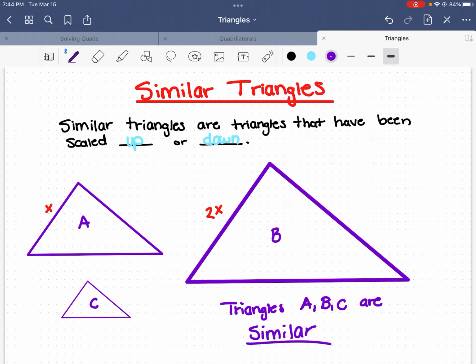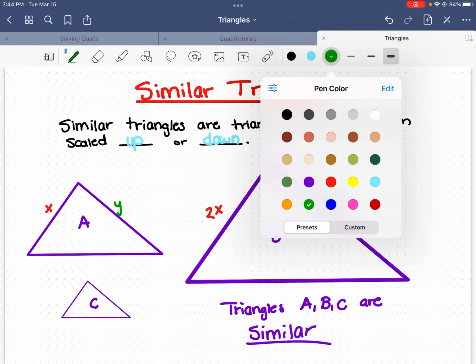Likewise, let's pretend that this side is a measure of Y. If this is similar and I scaled it up double, then this side also has to be double. So what I'm saying is that the sides have to be scaled up or scaled down at a consistent scale.